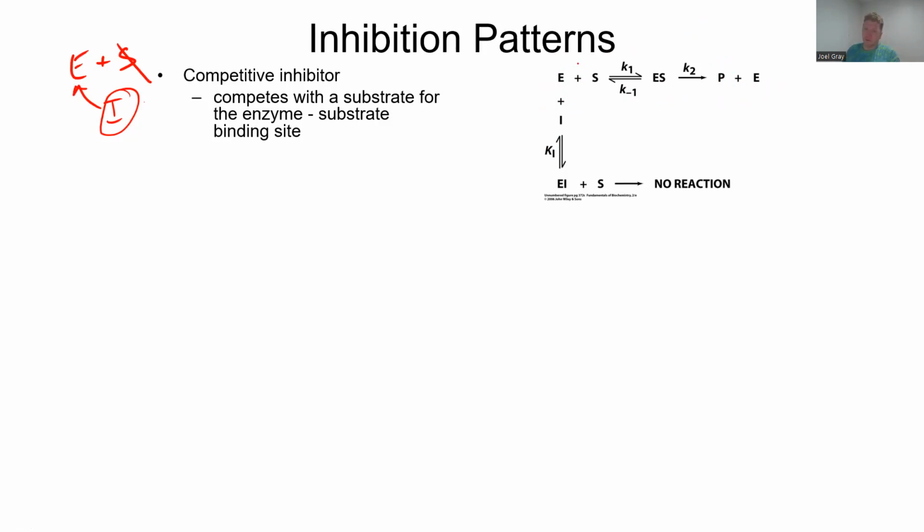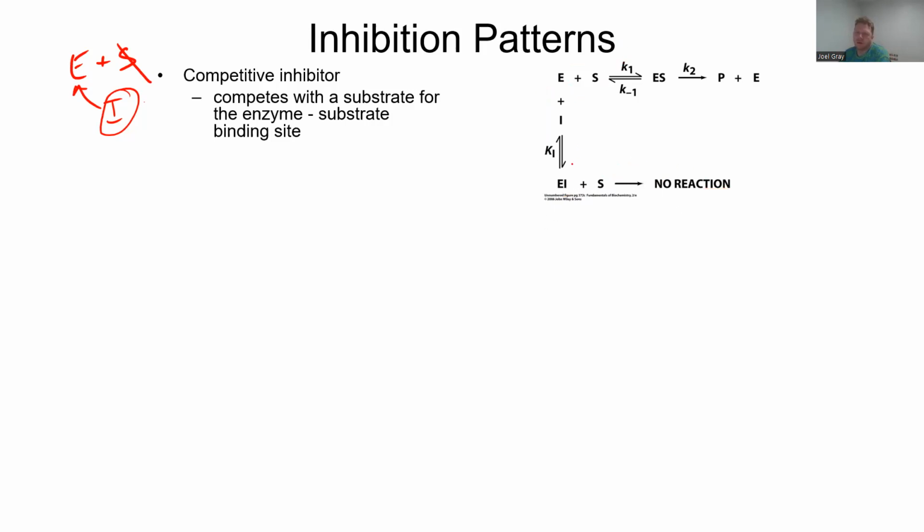Now, in the presence of an inhibitor, we have the enzyme, the substrate, and the inhibitor. And lo and behold, the inhibitor binds to the enzyme, forming an EI complex. What remains is free substrate in that solution. All things told, though, there is no reaction, no product is going to be generated in that way.